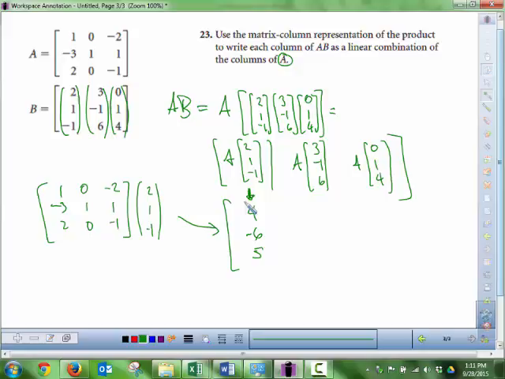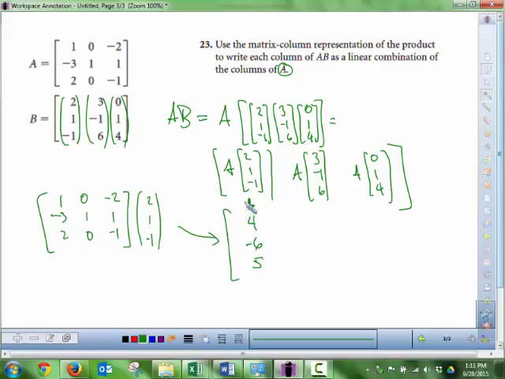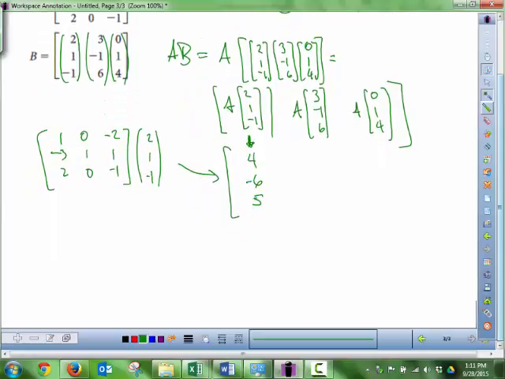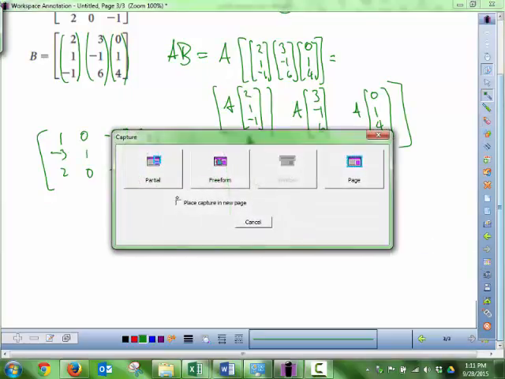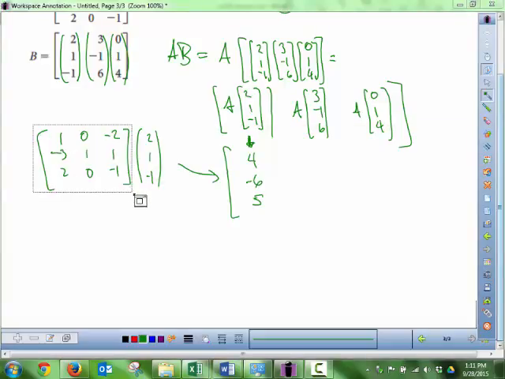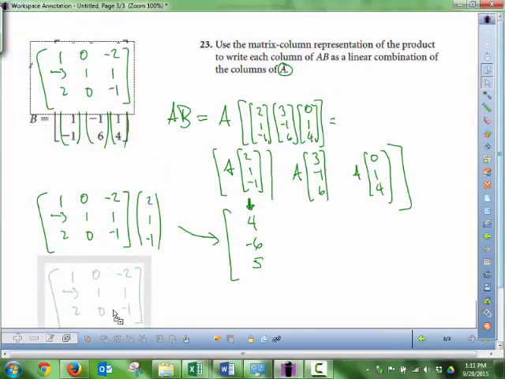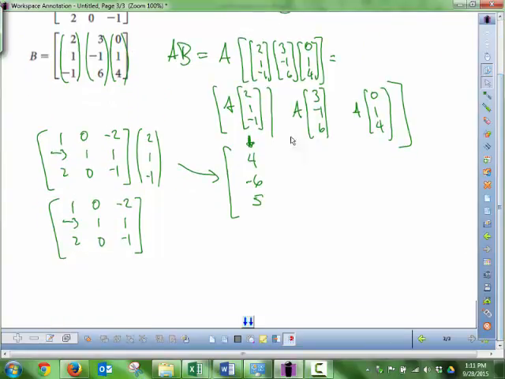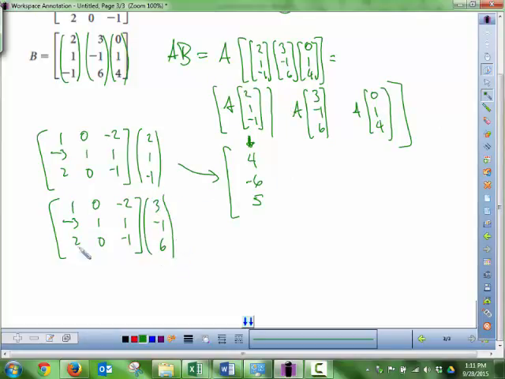Linear combination of columns of A. All right, well, let's take a look at our next column, which is going to be that same matrix A, this time being multiplied by 3, minus 1, 6. So we have a 3, 0, and negative 12.